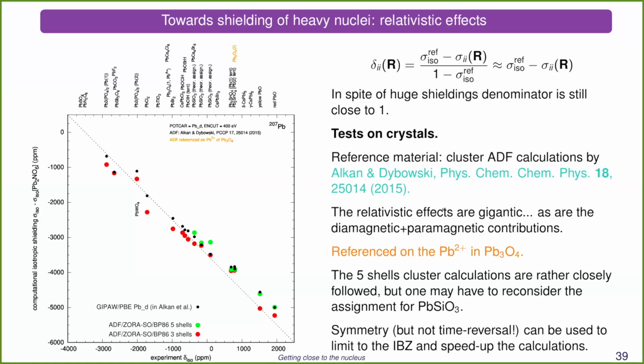We're doing it now with a real crystal calculation, where we have added the terms discussed in the previous slides, and then we get the black dots over here, which is pretty good. Over here we get to the values of the ADF calculations. And over here you have to worry about the assignment. If you do this as we think, it works well.